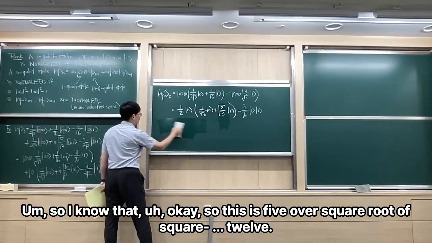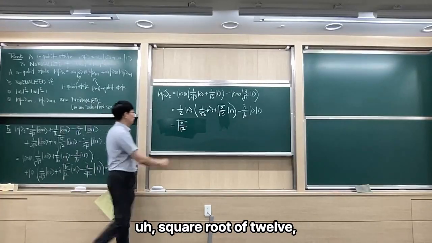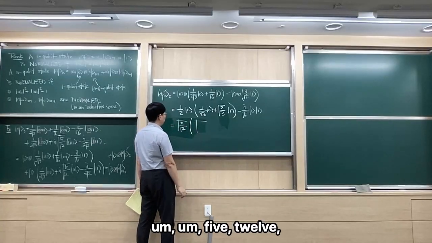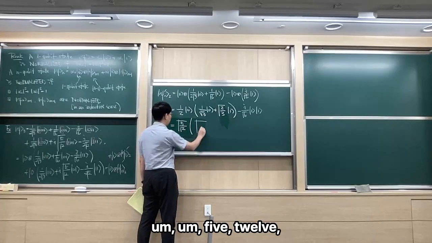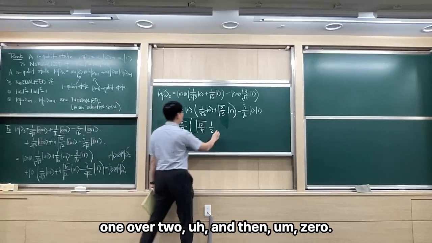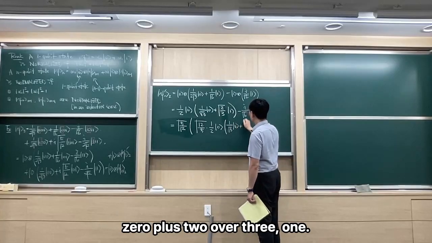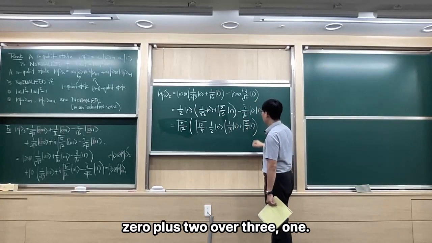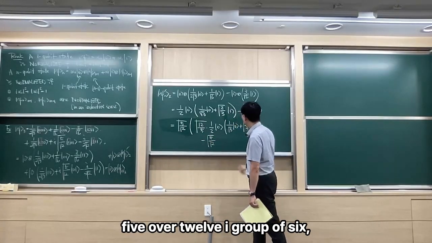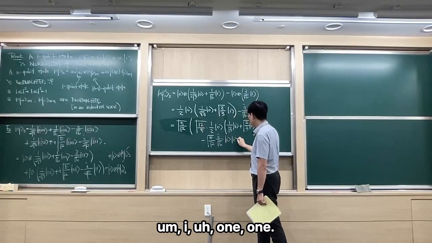So this is 5 over 12, and I need to take out square root of 5 over 12. Then it's going to be 1 over 2 |0> and square root of 3 |0> plus 2 over 3 |1>. And also I need minus square root of 5 over 12, i over square root of 6, |1>, |1>, yes.